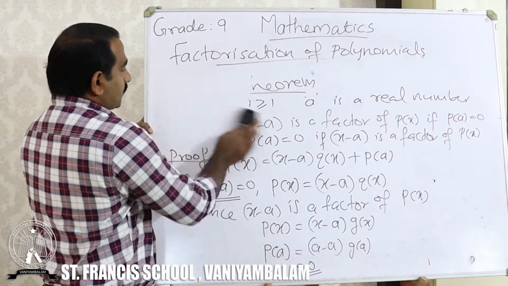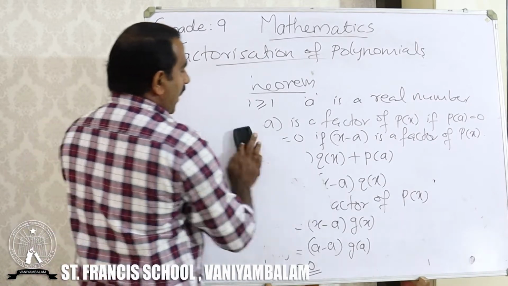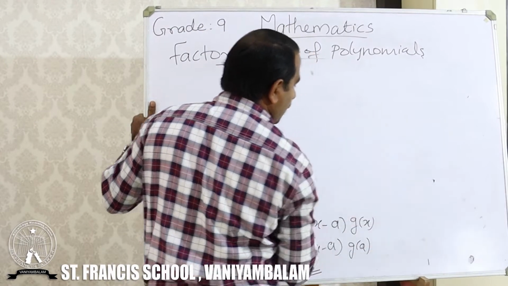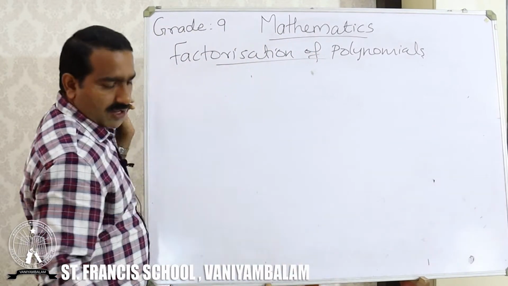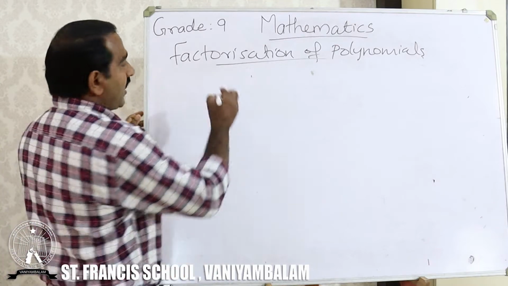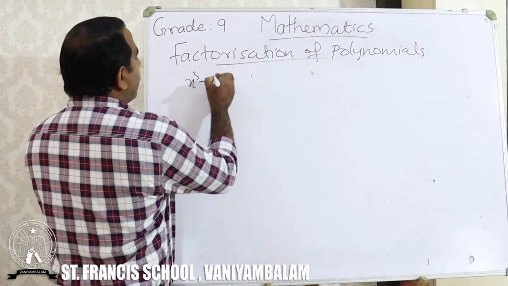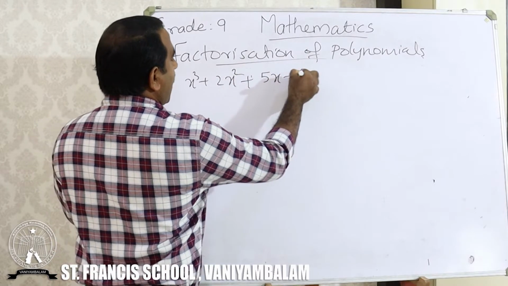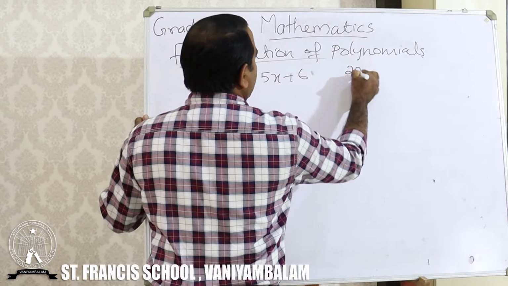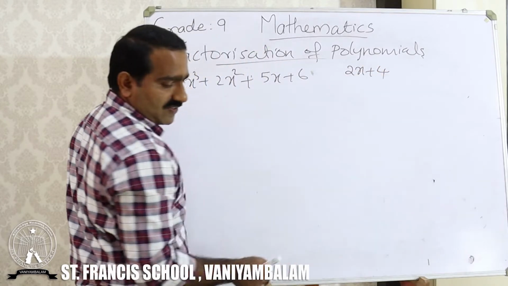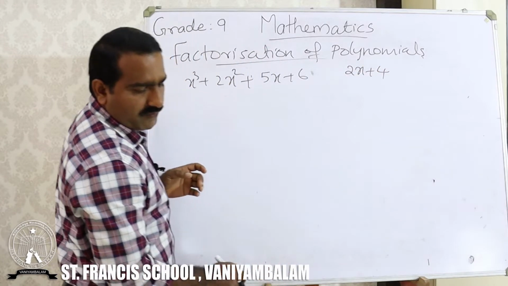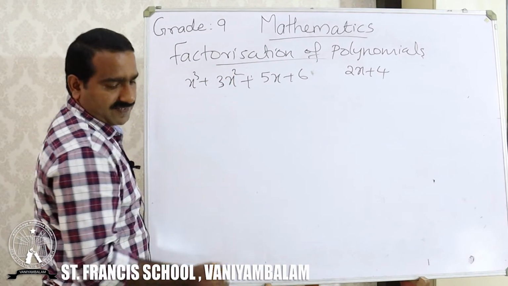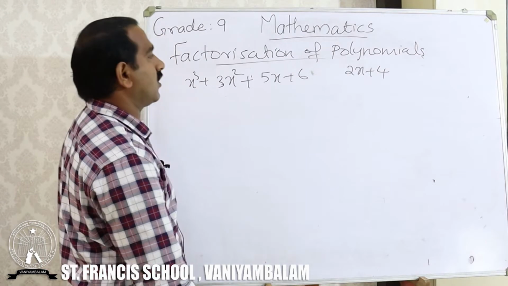Next we are going to examine x plus 2. Is x plus 2 a factor of the polynomial or not? The question is: x plus 2 is a factor of x cube plus 3x square plus 5x plus 6 and of 2x plus 4.